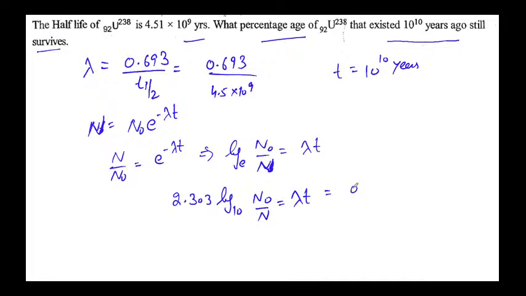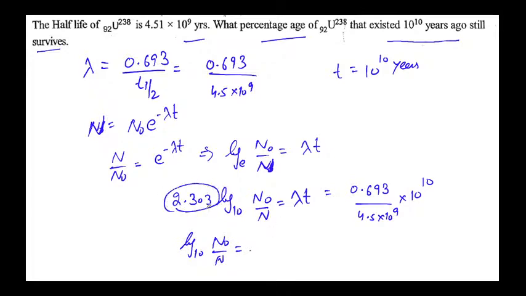So putting these values, 0.693 over 4.5 into 10 raised to power 9, into t which is 10 raised to power 10. So from this, log 10 of N naught over N, if you move this 2.303 to the denominator side, comes out to be 0.6673.